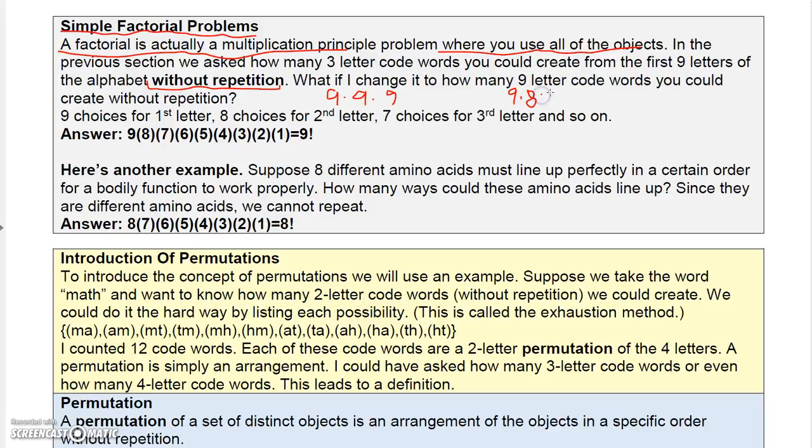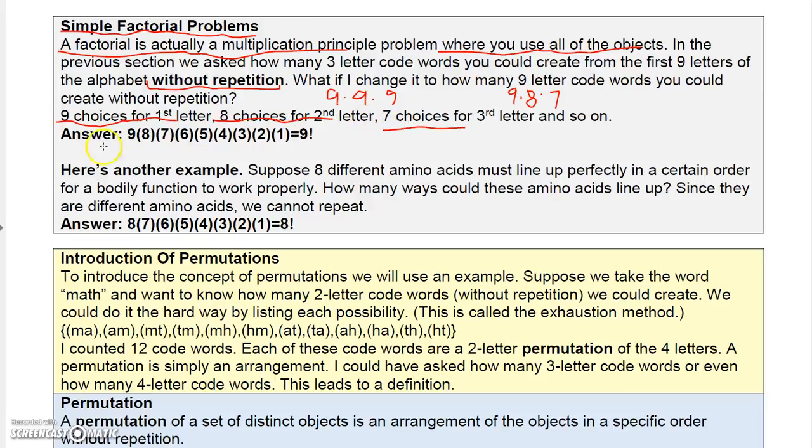Okay, so let's change it to how many 9-letter code words you could create without repetition. So there's 9 choices for the first letter, 8 choices for the second letter, 7 choices for the third letter, and so on.